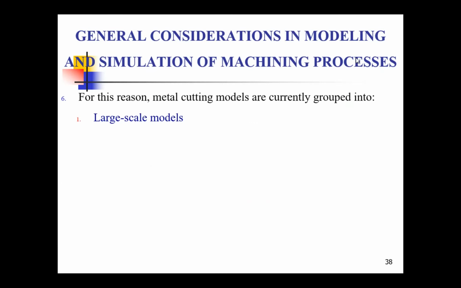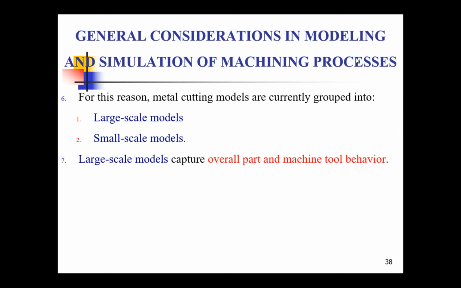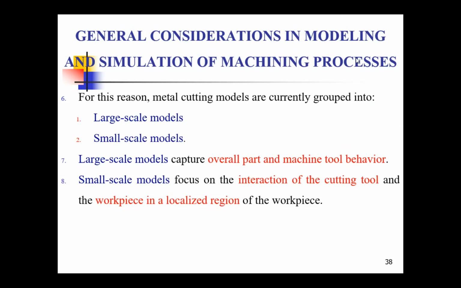Based on this, the length scales involved in the machining process are grouped into two categories: large scale models and small scale models. Large scale models capture the overall part and machine tool behavior, whereas small scale models focus on the interaction of the cutting tool and workpiece in localized regions.